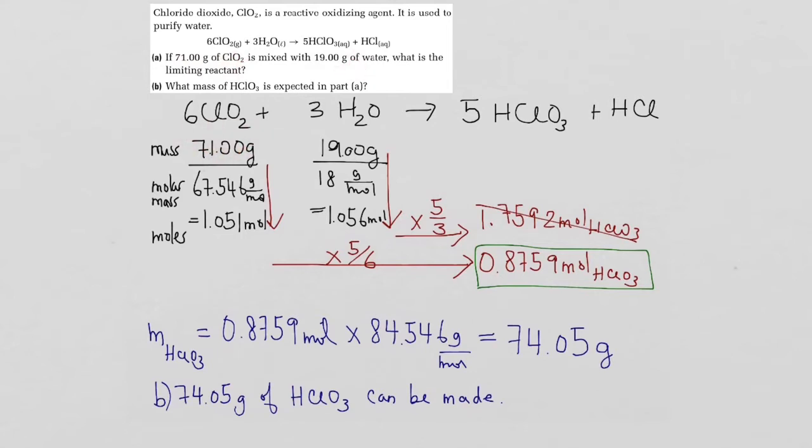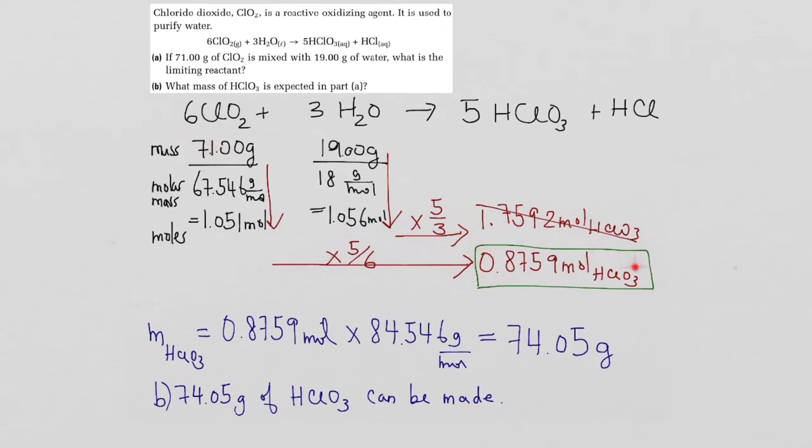But again, mass is not a good indicator of which one will run out first until you convert it into moles of each reactant. And then we determined which one the limiting reagent is by looking at the amount of product that each of them allows us to make. We found out that chlorine dioxide allows us to make the least amount of product, which tells us that this is our limiting reagent.